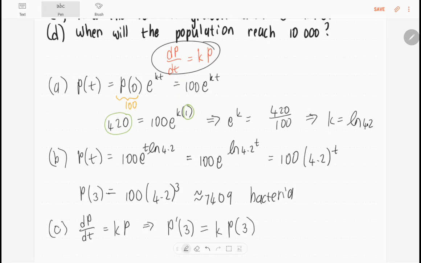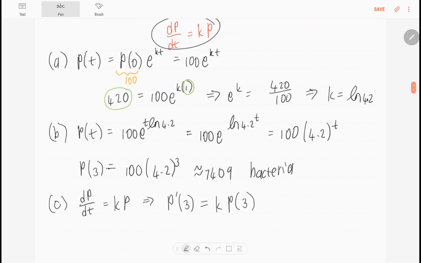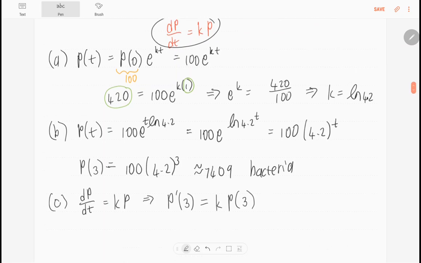And the population at time 3 is going to be, so firstly I'm going to fill in ln of 4.2 because that's k, and then P3 is going to be 100 times 4.2 cubed, right?